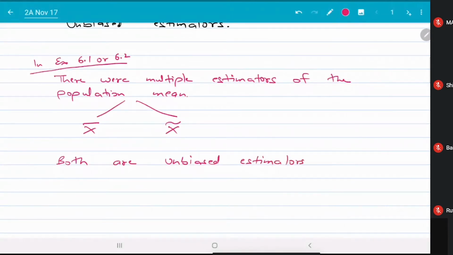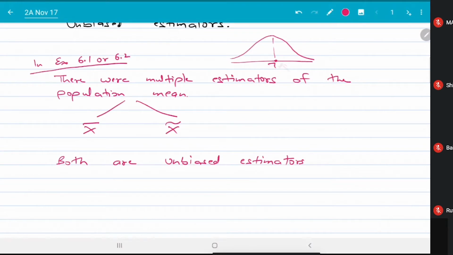So, sir, to estimate the population mean, how can we use the median as an estimator? Okay, now this is specifically referring to the example, where we were given that the population is approximately normally distributed. If you have a population approximately normally distributed, then mean and median are the same.